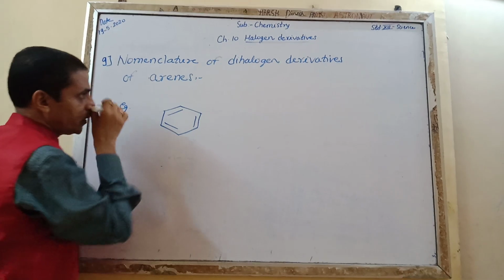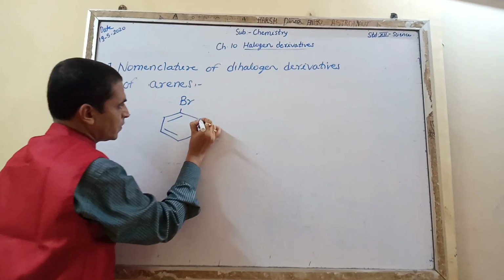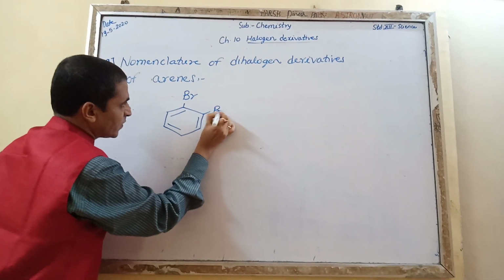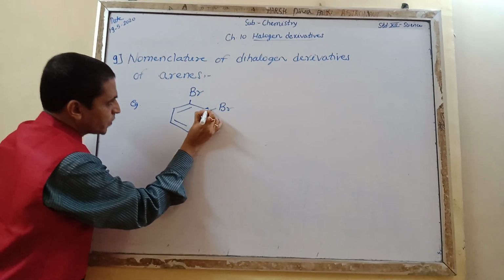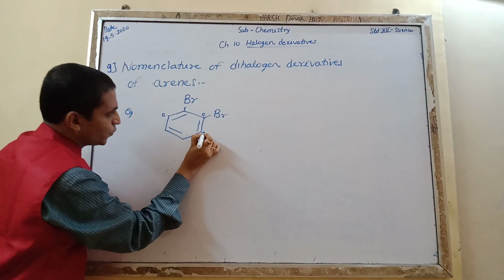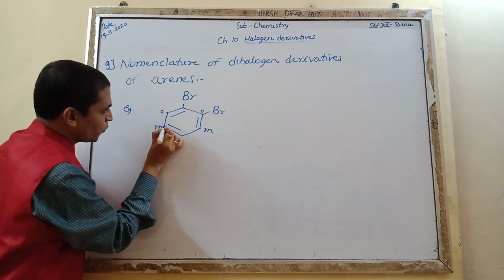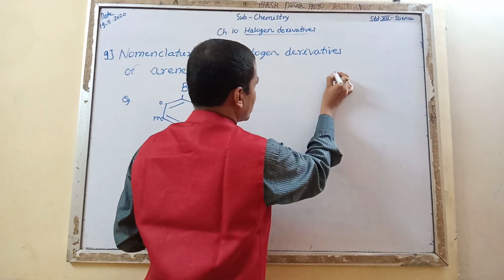This is the benzene ring. I put here Br. If this is a Br and this is what? Second. If you remember, if this is the first position, then these positions are called as what? Ortho, 2 and 6 ortho. This position is called as what? Meta. And this position is called as what? Para. You remember this.